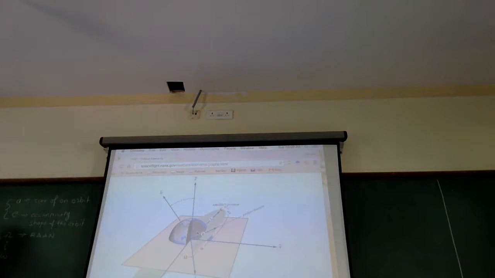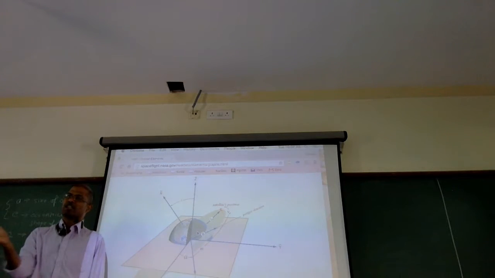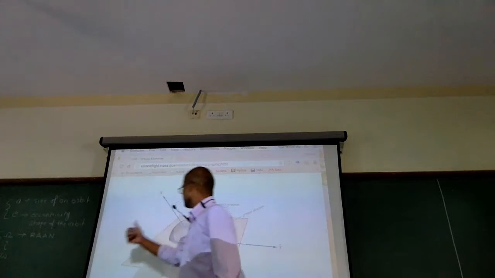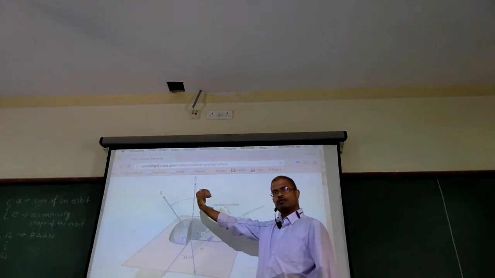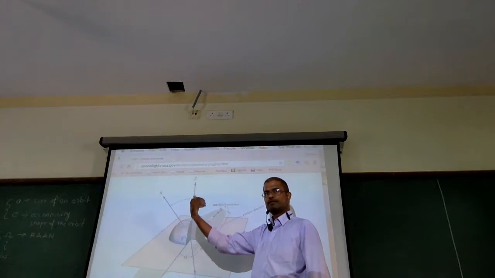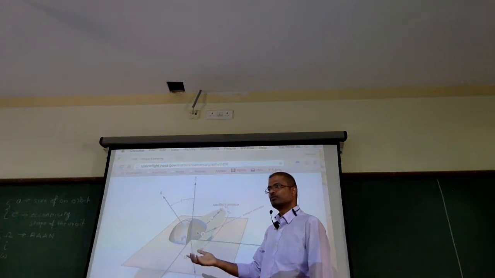If you have worked on orbital or some space mechanics software, you will have come across RAAN, right? It is very logical. It is right ascension. Ascension is ascends, right? You see this axis, it is right. Right ascension of ascending node.